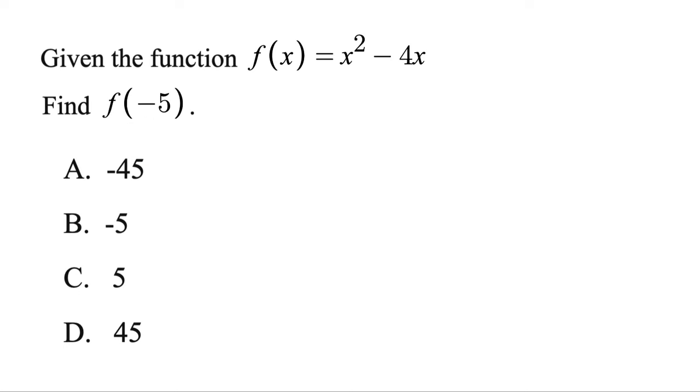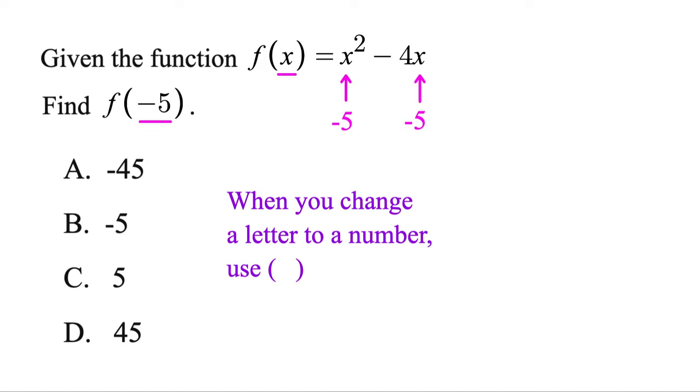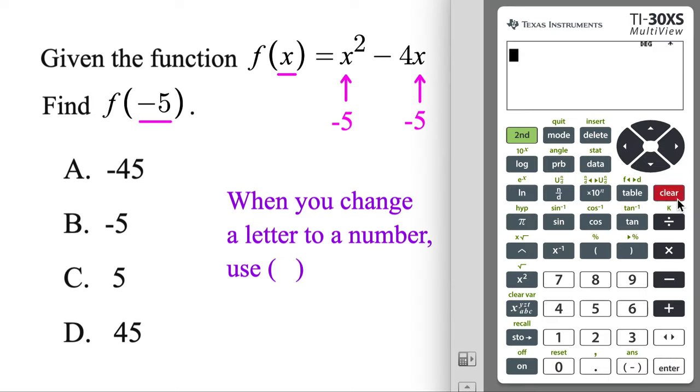Okay, let's look at another one. This is a function, anytime you have f parentheses x. But notice the x is just changing to a -5. In other words, we're going to go ahead and change these x's to -5s here. And that's it. Now when you change a letter to a number, just use parentheses. So let's see what that looks like here.